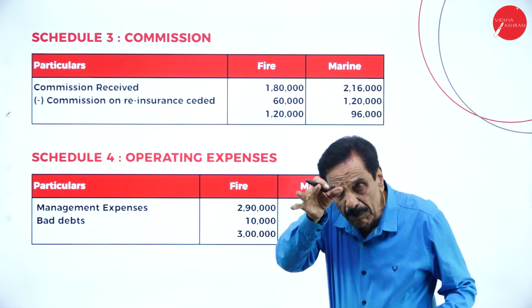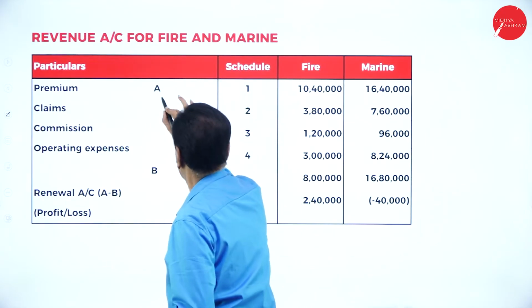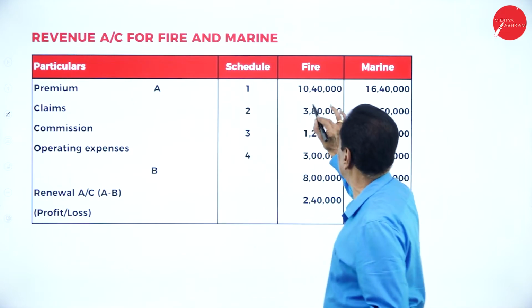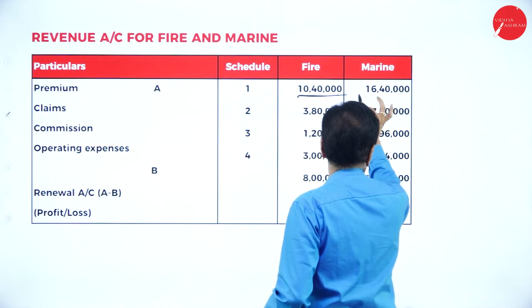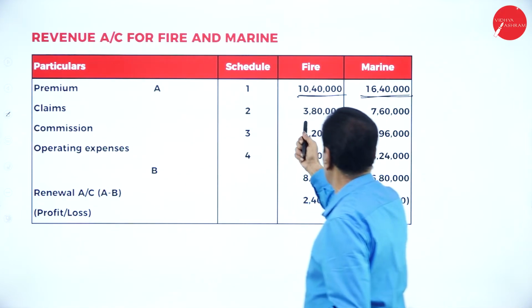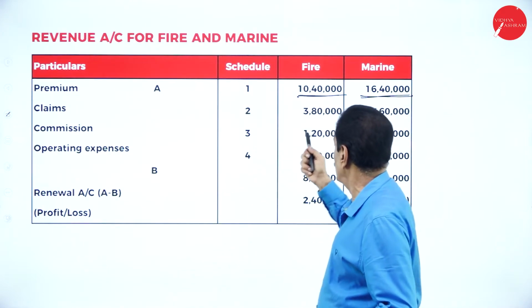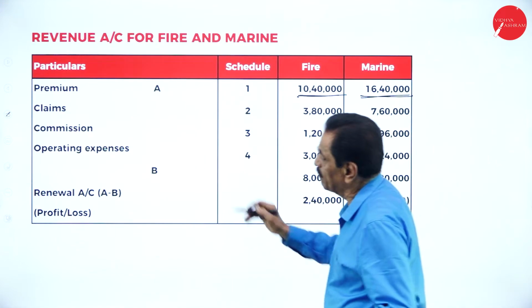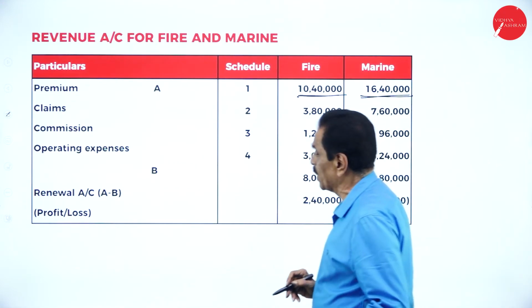The same thing will be put into the revenue account now. Particulars: premium received, A, schedule number 1, it's an income, 10 lakh 40,000 and 16 lakh 40,000. Then claims paid, 2: 3 lakh 80,000 and 7 lakh 60,000. Commission, 3: 1 lakh 20,000 and 96,000. Operating expenses, 4: 3 lakh and 8 lakh 24,000.